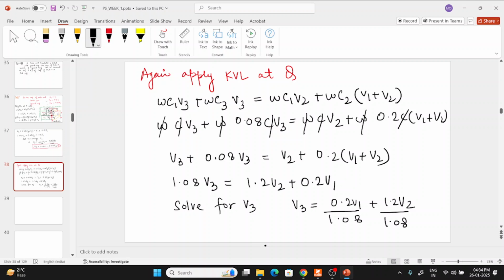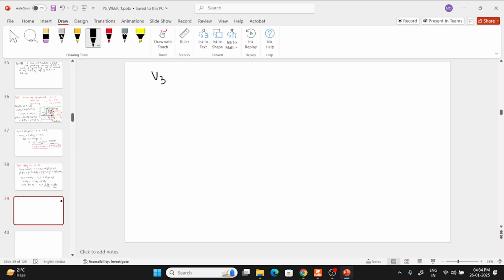I think it is correct. So if we solve it, V3 comes out to be 0.185 V1 plus 1.11 V2. This is equation 2.